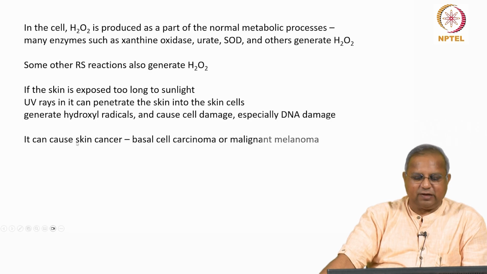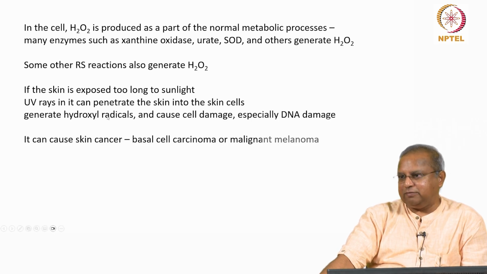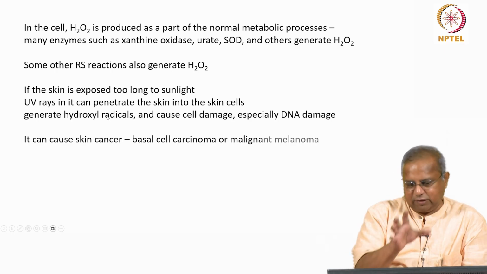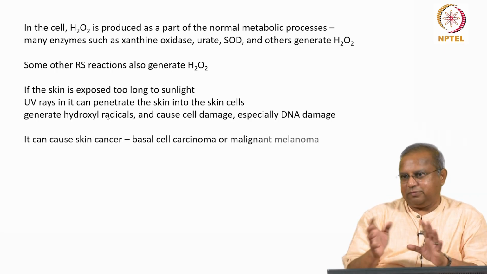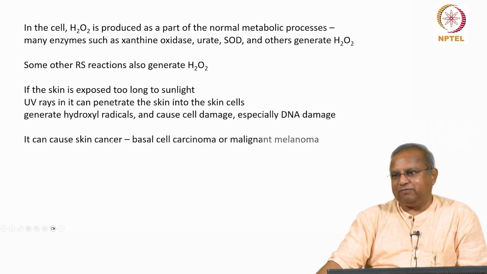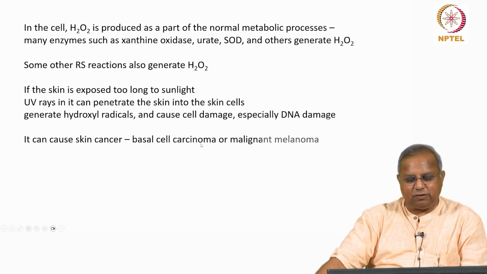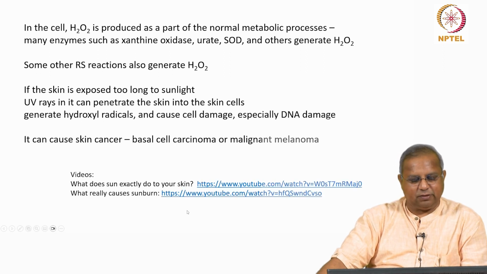It can cause skin cancer, called basal cell carcinoma or malignant melanoma. Highly fancy names, different types of cancer. Of course, they all have a basis and so on and so forth, right. But yeah, these are the various terms: carcinoma, melanoma, basal cell carcinoma, malignant melanoma, and so on.